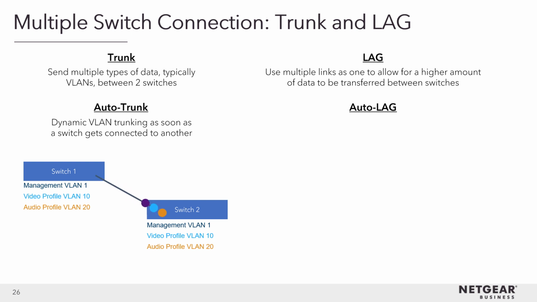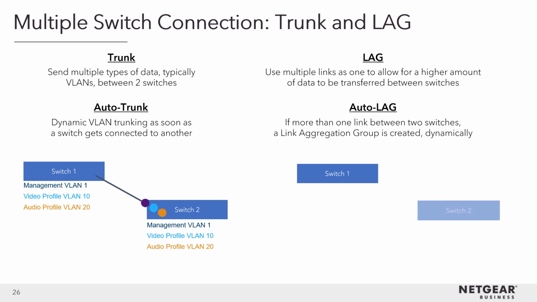And now we say, well, look, they're good for AV over IP because not only are they good with multicasting and IGMP, but they also let you focus on your AV job, and everything related to the interconnect between the switches, so the trunking for all those VLANs, and the link aggregation, because you have more than one link, is happening automatically, like IGMP Plus. So really, I mean it, automatically.